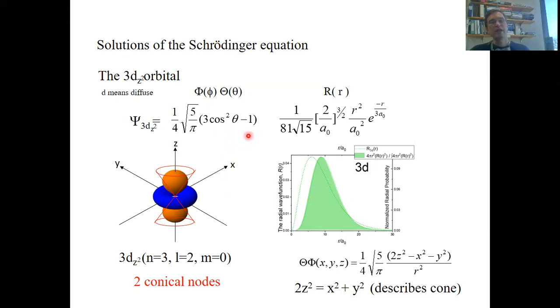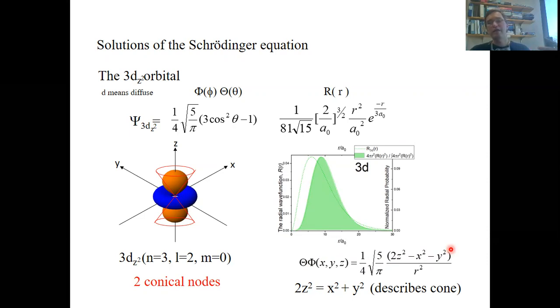We can again see that when we convert that angular part of the wave function from polar coordinates to Cartesian coordinates, then this term here becomes that term here, of course omitting all the mathematical steps necessary to do that, which would go way beyond an inorganic chemistry class. And you see that the angular part of the wave function is now a function of 2z squared minus x squared minus y squared. And mathematically, this describes a cone.